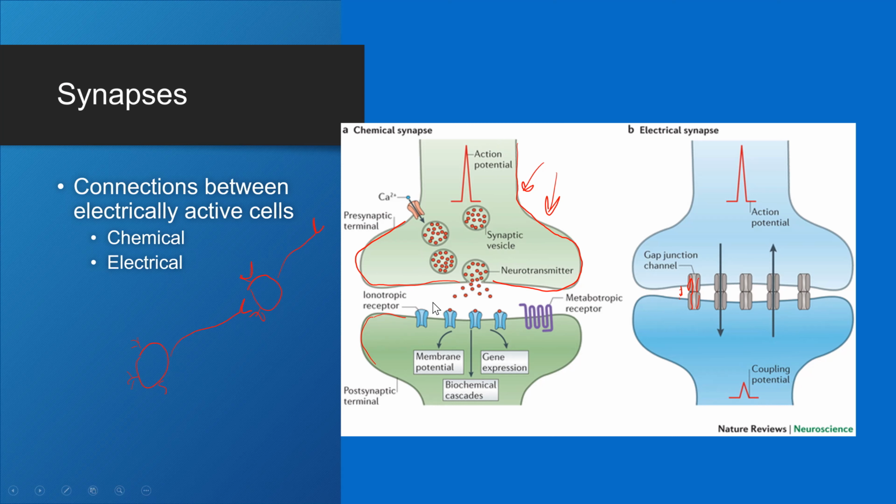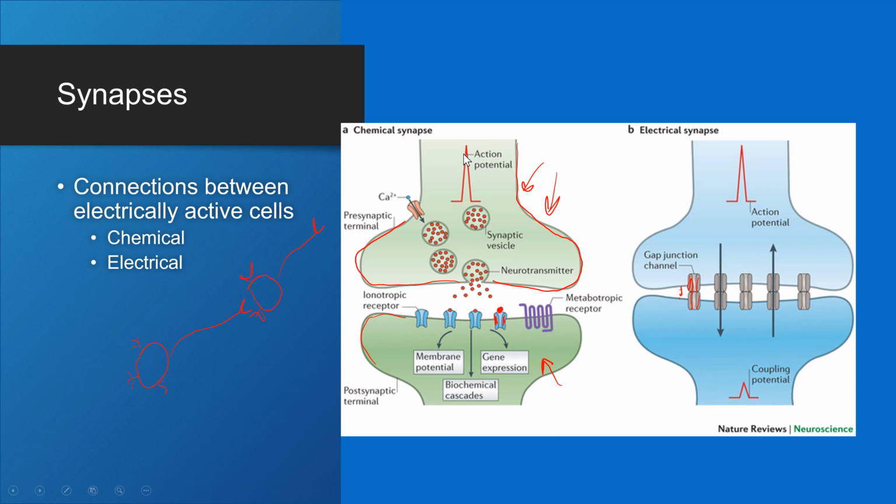A neurotransmitter is released inside the synaptic gap, and then the neurotransmitter attaches to its receptors. Those blue proteins over here are receptors. You can see the neurotransmitter attaches, and it will cause changes within the postsynaptic neuron.